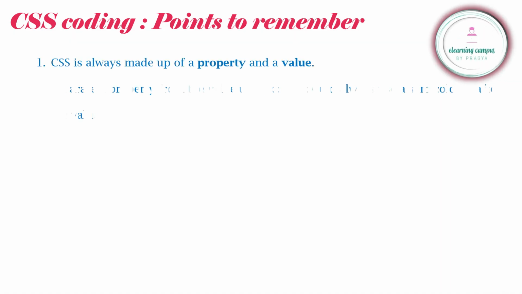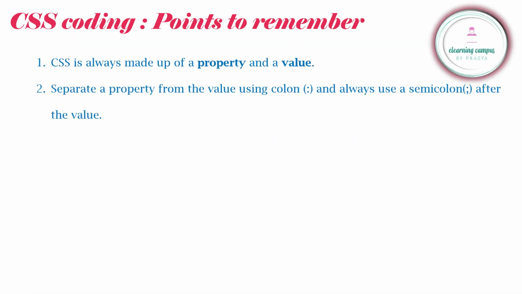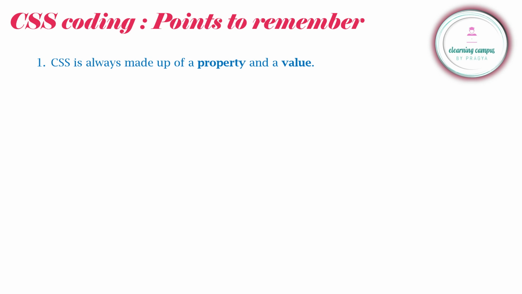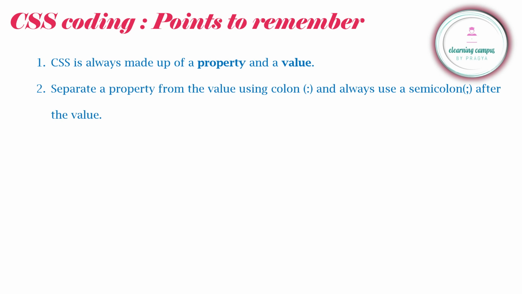Now, points to remember. The very first thing that you need to remember is CSS is always made up of a property and a value. Separate a property from the value using a colon and always use a semicolon after the value. I told you, like color, colon, blue, semicolon. CSS properties and values are always spelled using American English.